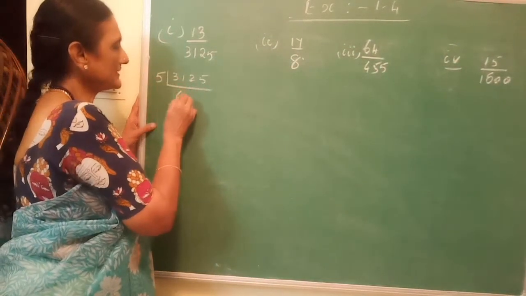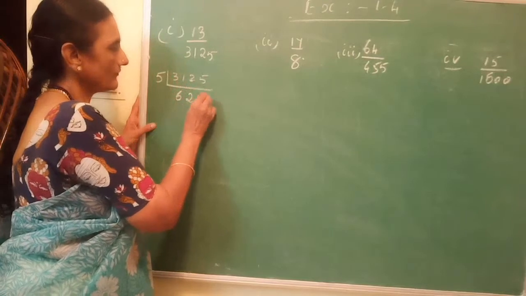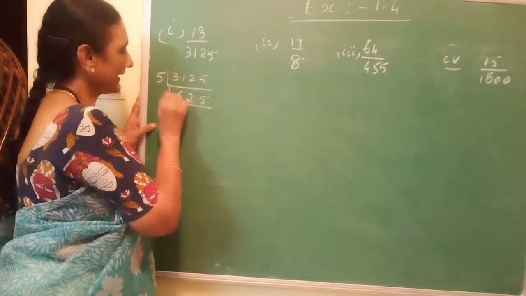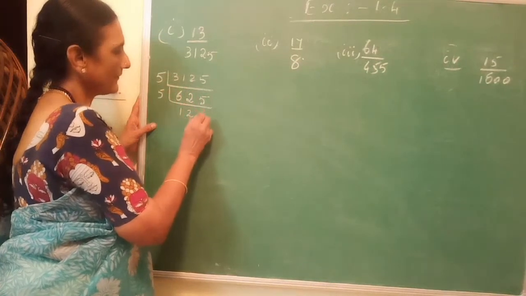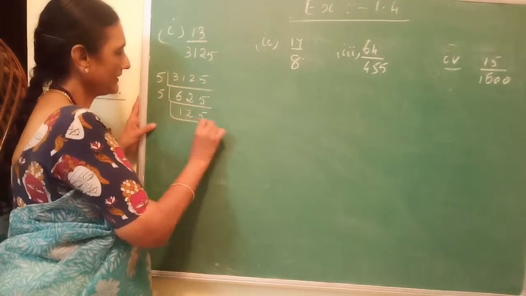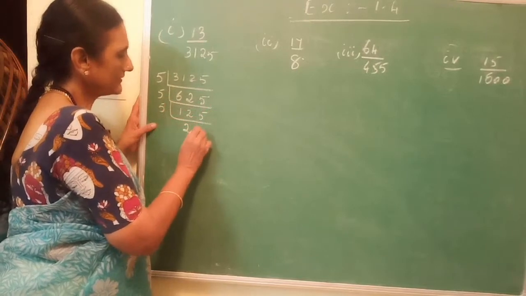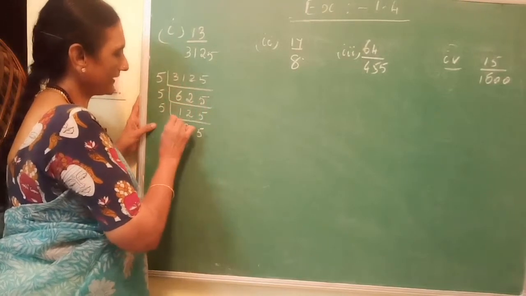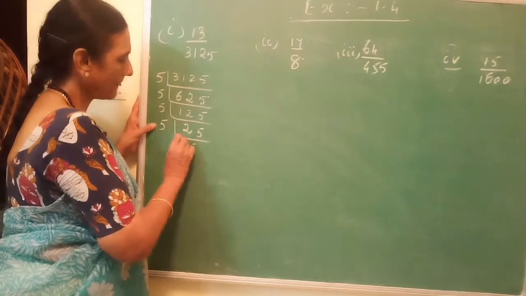So 625, then again 5 gives 125, then again 5 gives 25, then again 5, only 5.